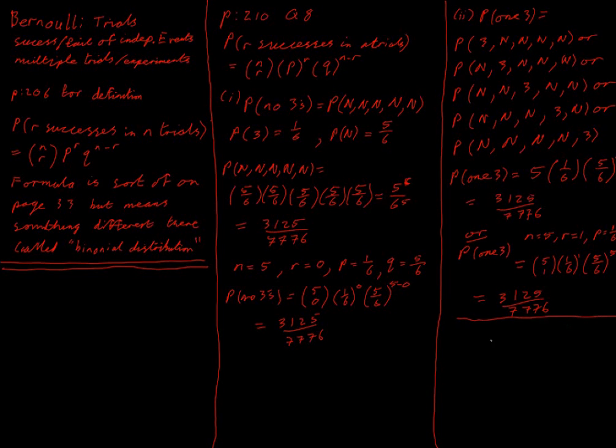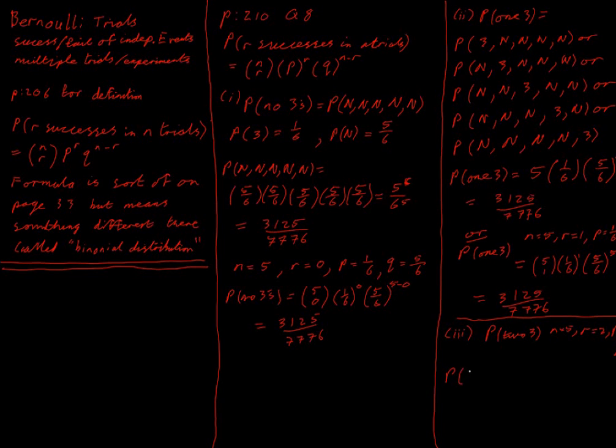Final part. I am not going to do this out the long way as it gets to be a lot of writing out. So if we want the probability of getting 2 3s, hopefully you are satisfied that the method we've been using so far and our Bernoulli trial are equivalent to each other. And for that we have n is still 5, this time r is going to be equal to 2, p is still 1/6, q is still 5/6.